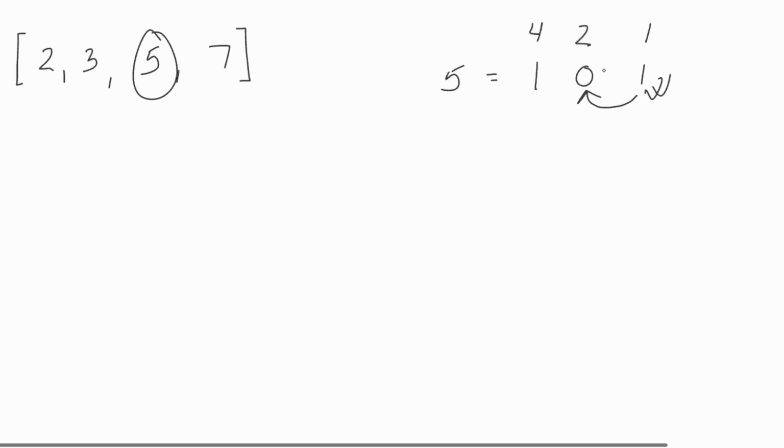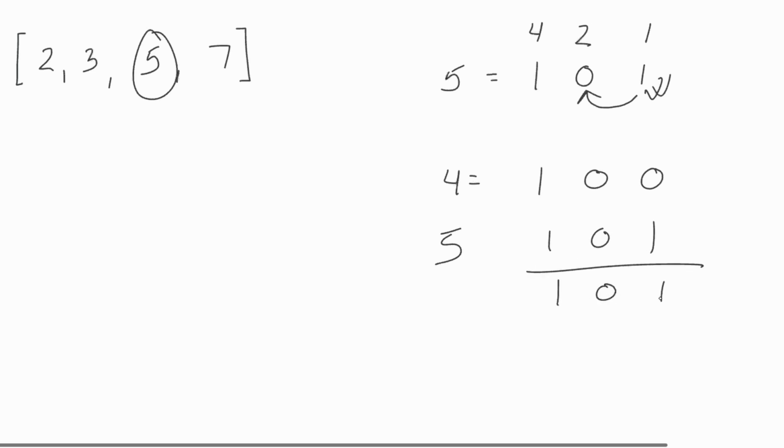And here we'll see that we don't see a 1, right? And what we want to do is, for this group that we found here, we want to take the leftmost one and we flip it. So this becomes 1, 0, 0. This is 4.